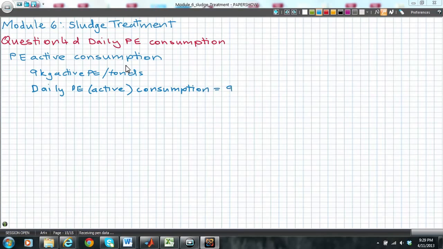So it's going to be 9 kilograms of active PE per tonne of dry solids, and we had 18,900 kilograms of suspended solids produced per day, which is then equivalent to 18.9 tonnes per day, which means that this consumption of PE is 170 kilograms of active polyelectrolyte per day.